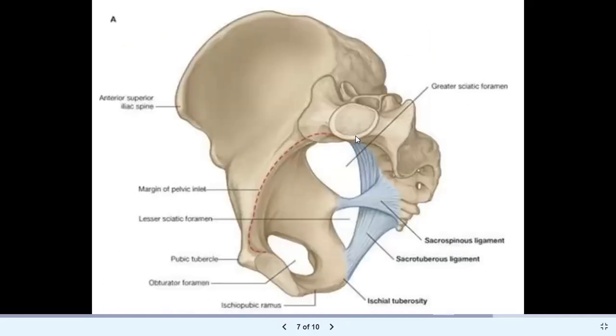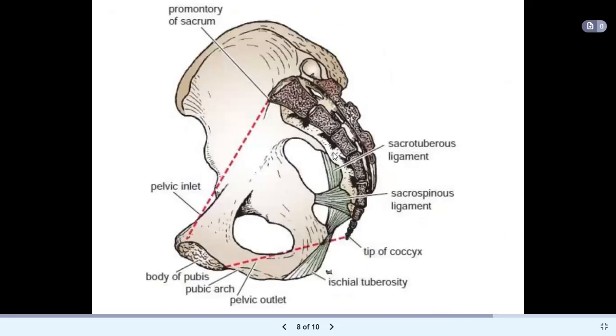In this picture also, we are able to see from the sacrum to the ischial tuberosity, the sacrotuberous ligament. From the ischial spine to the sacrum, we have the sacrospinous ligament. In different pictures, I'm showing you the sacrotuberous and the sacrospinous ligament.